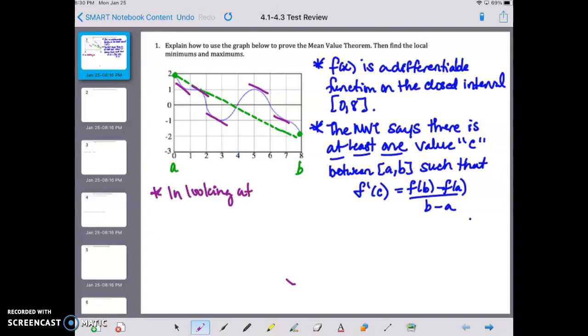So basically our conclusion here is, in looking at the graph, there are actually 5 values, at least that's what I marked on my graph. There are actually 5 values where this is true.